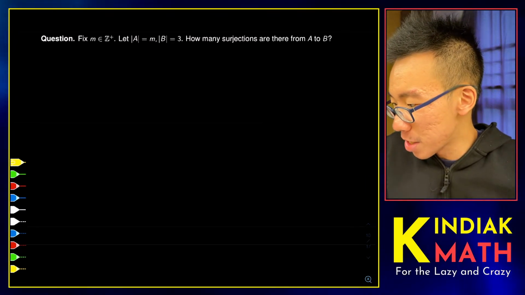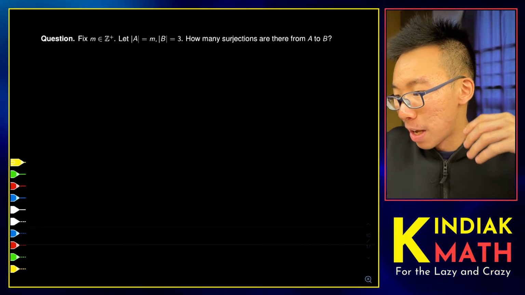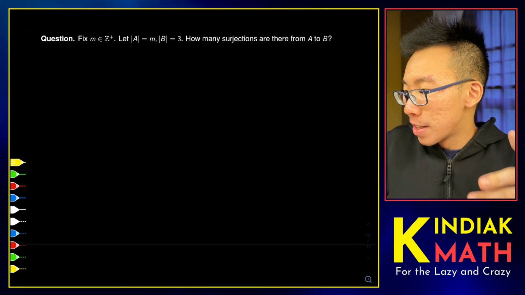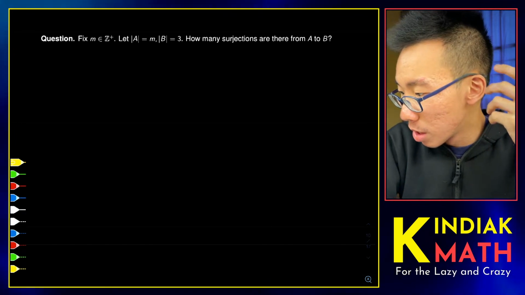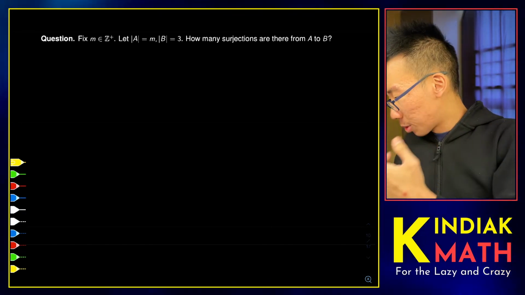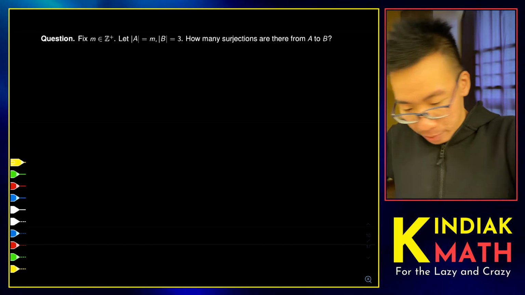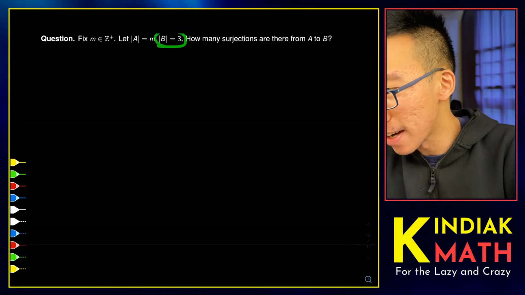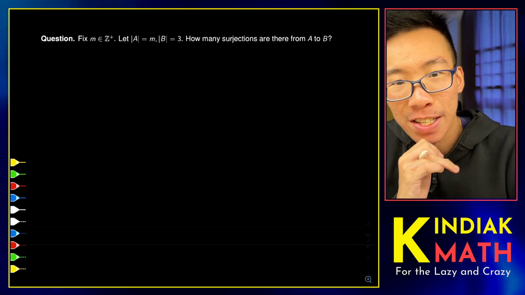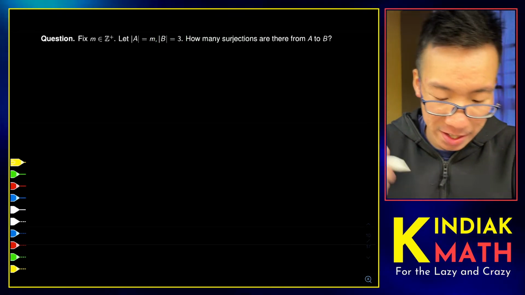So we have the next question. We've already counted the number of injections. Now we want to count the number of surjections. And how do we go about doing that? Now the interesting thing is that the fact that they restricted B equals 3 tells us that this might not be a really easy option. But here's the idea.